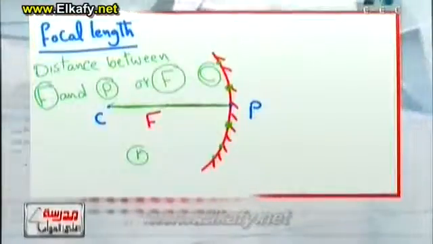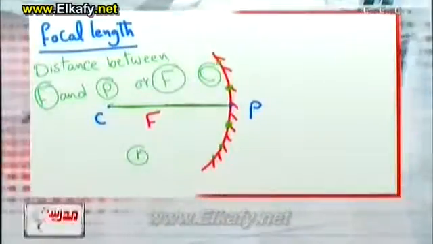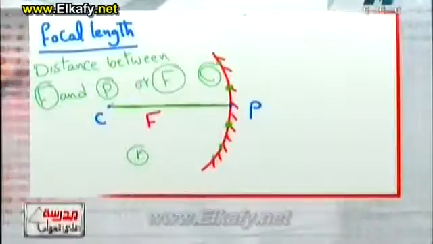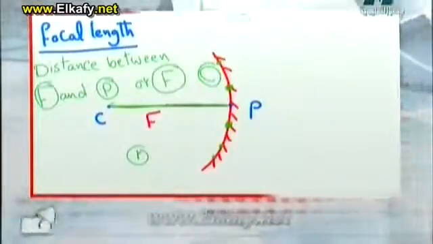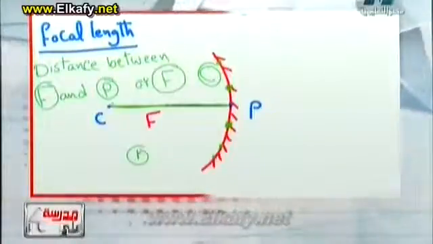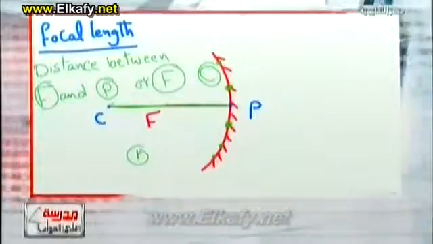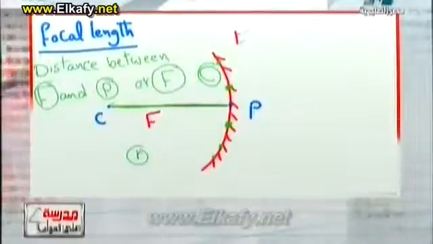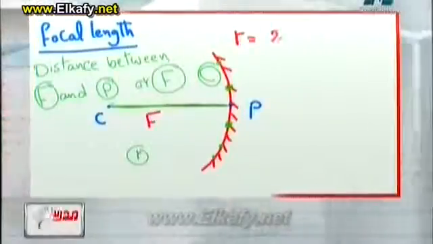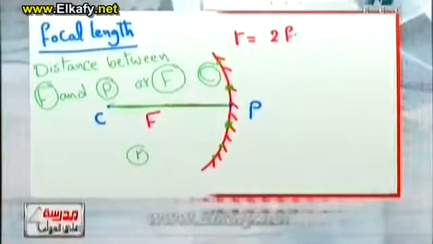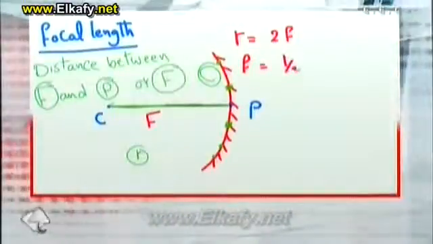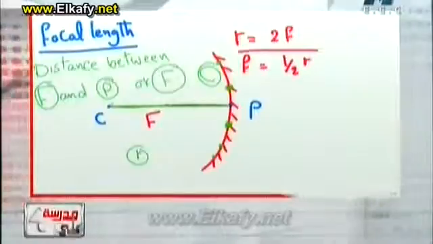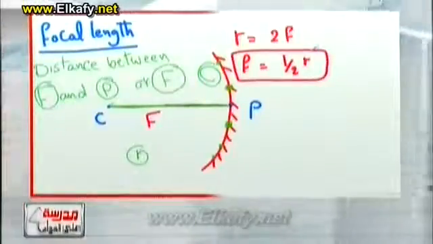So from this point, dear students, we know focal length equals how much of the radius? From this equation, radius equals double the focal length, or focal length equals half the radius. Don't forget this information, dear students.